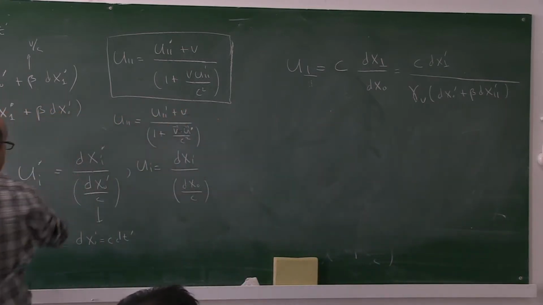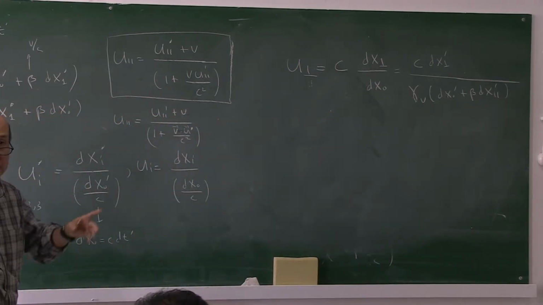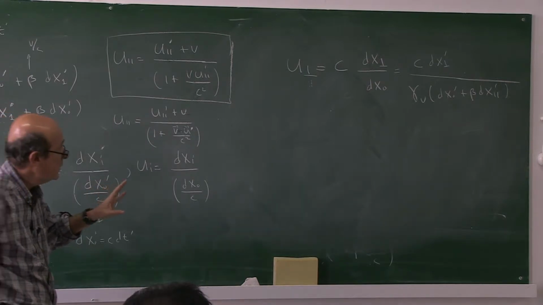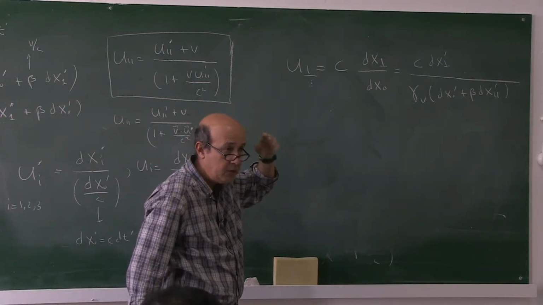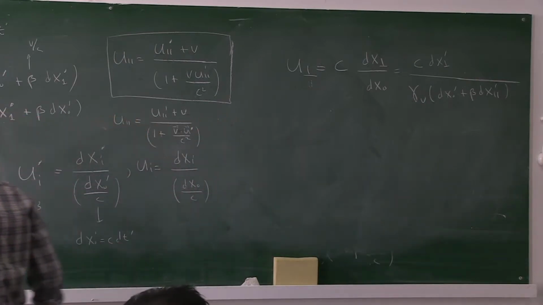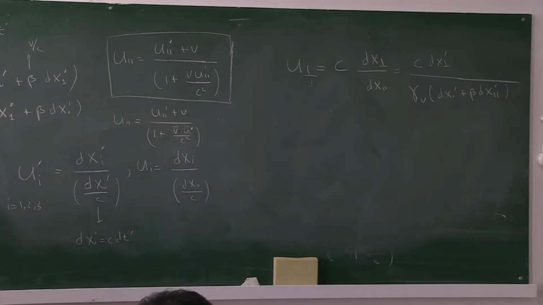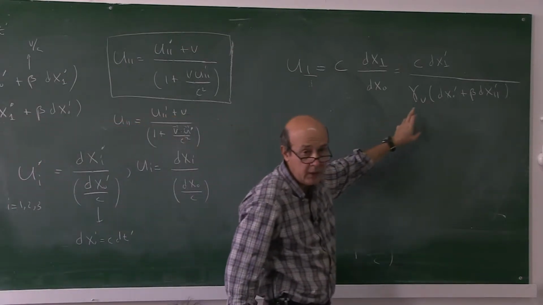So that will be this term. You can see automatically one important difference: the perpendicular component of the velocity seen in the K frame or K prime frame is proportional to 1 over gamma.